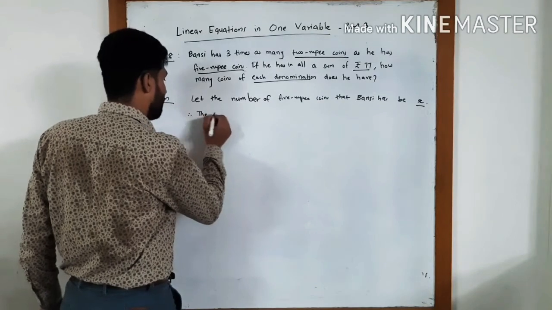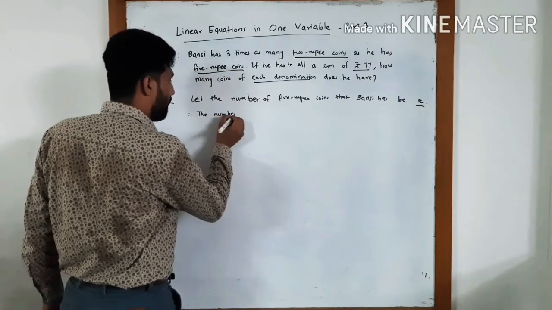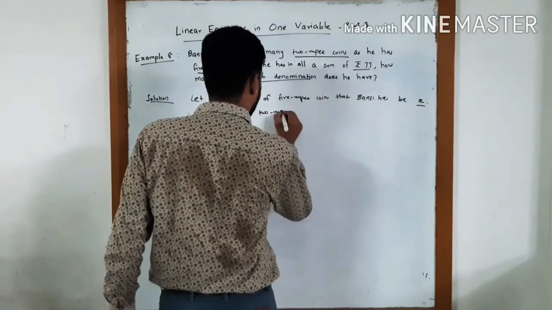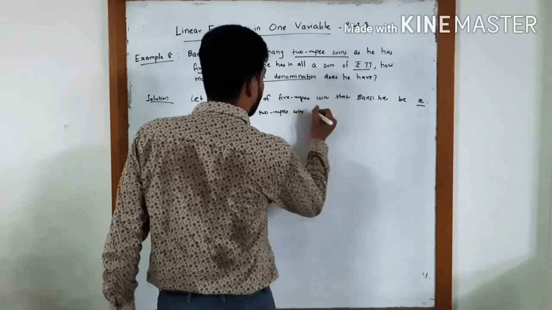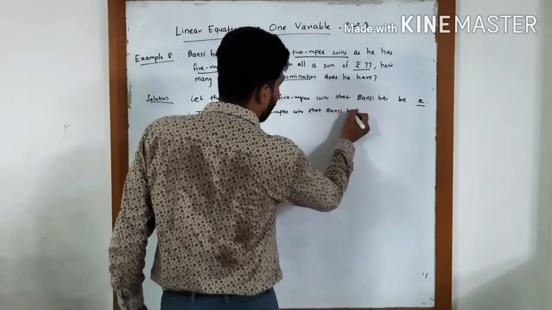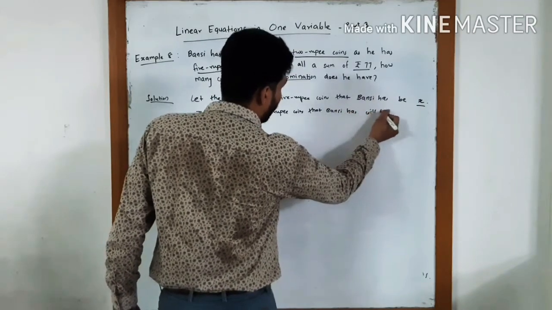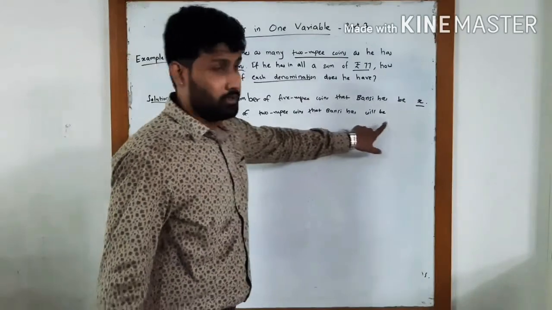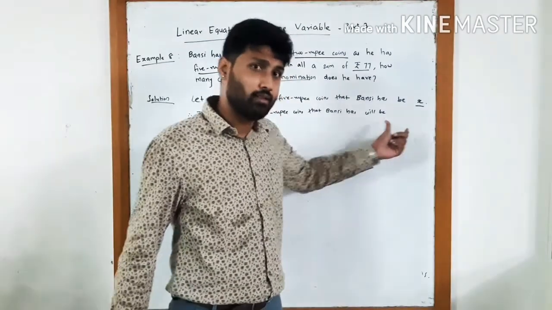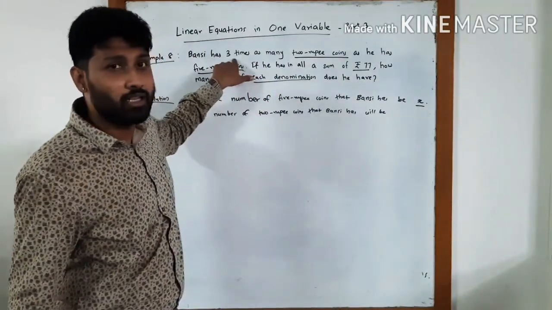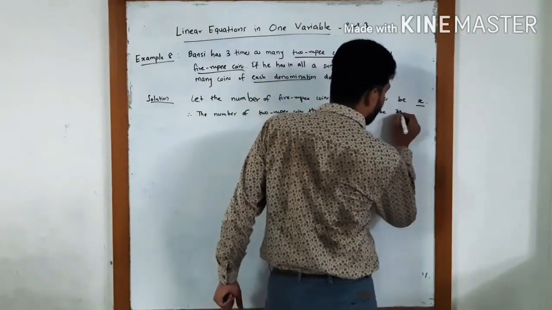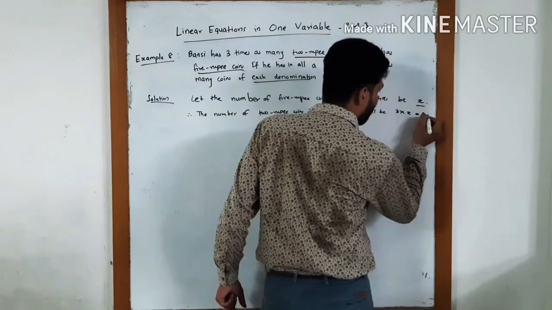Therefore, the number of 2 rupee coins that Bansi has will be, see, if 5 rupee coins he has x, he will have 3 times as many as those, which is 3 into x, which is 3x.